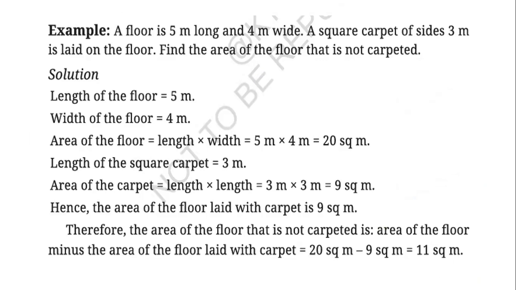Now, see some more examples. A floor is 5 meter long and 4 meter wide. A square carpet of size 3 meter is laid on the floor. Find the area of the floor that is not carpeted.